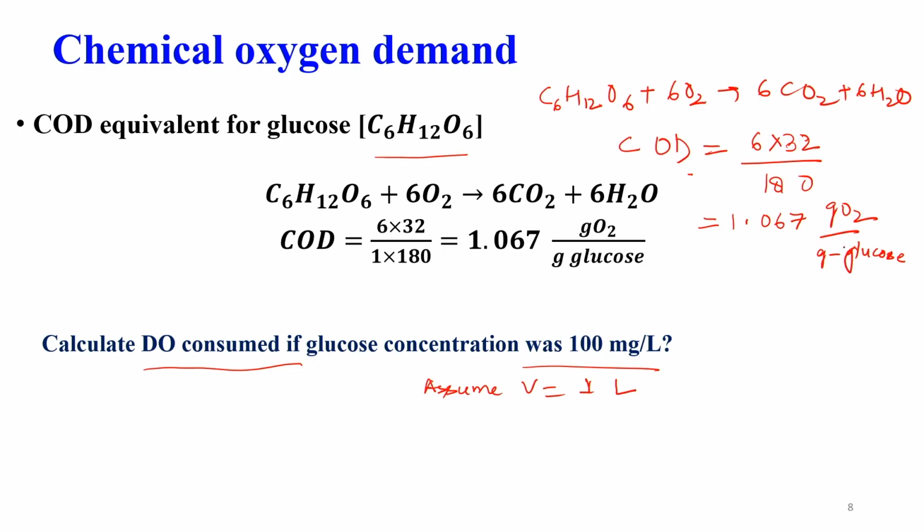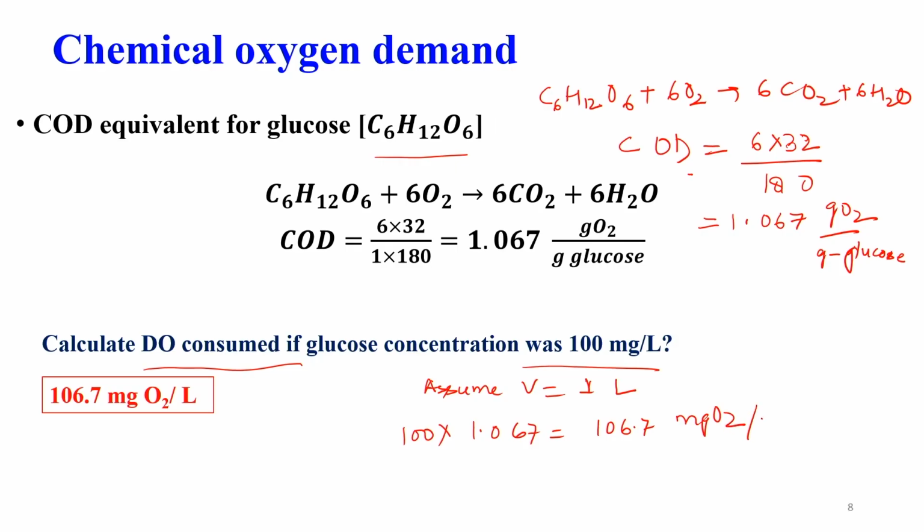For 1 gram we require 1.067 grams of oxygen. So for 100 milligrams, how much oxygen will be required? We will require 100 into 1.067, which equals 106.7 milligram oxygen per liter.